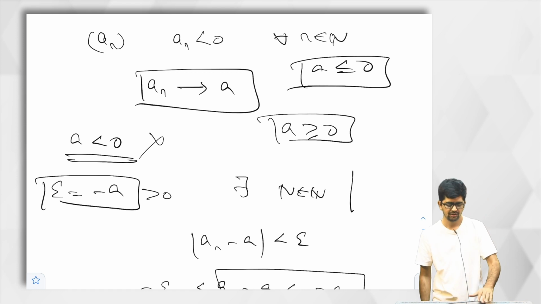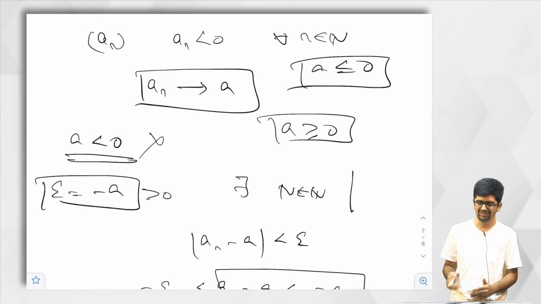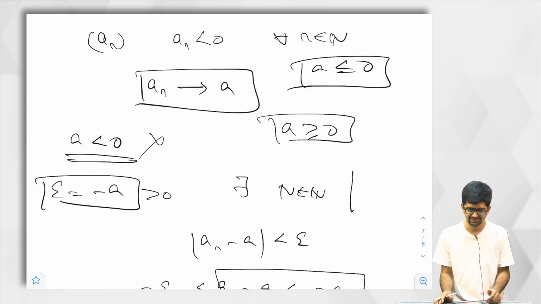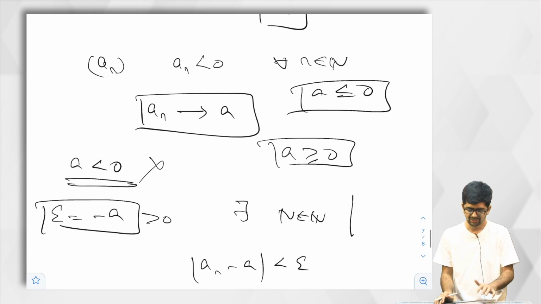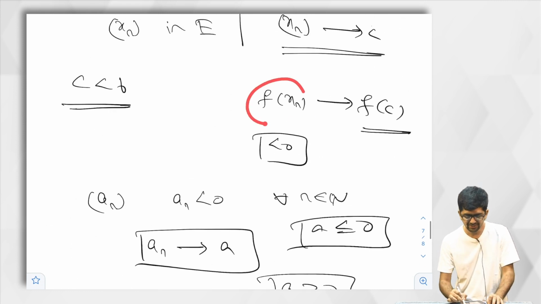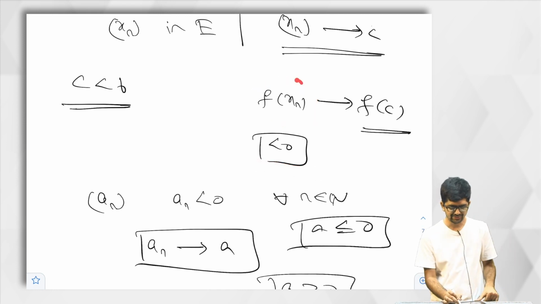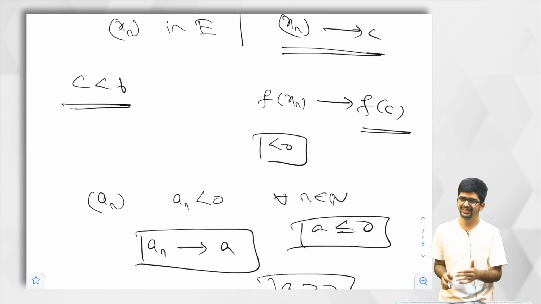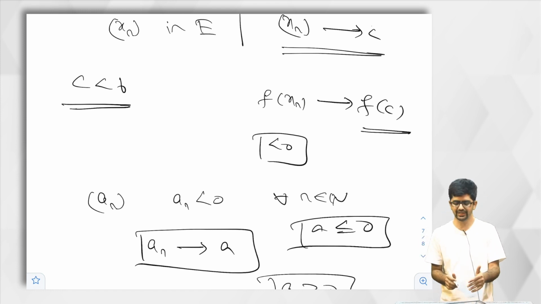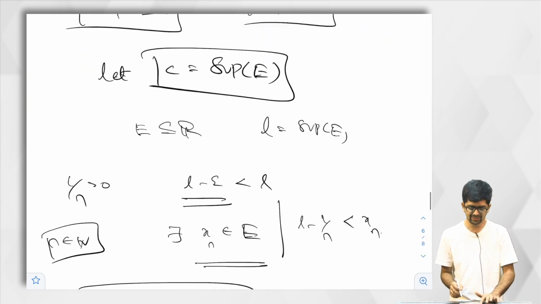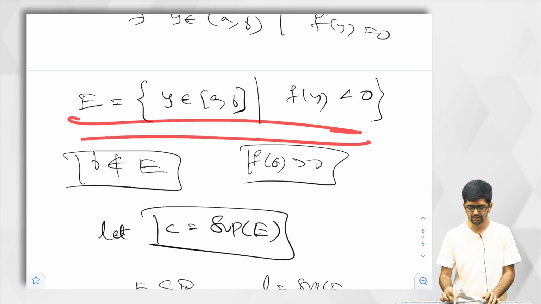Now how do I use this? Again we go back to the place where we got diverted. So f of x n is negative for every n belongs to N. X n is an element of E, so f of x n is negative, that's how E is described, right?